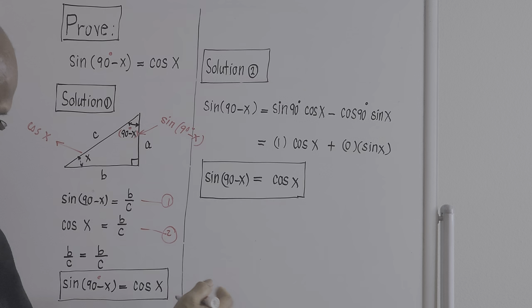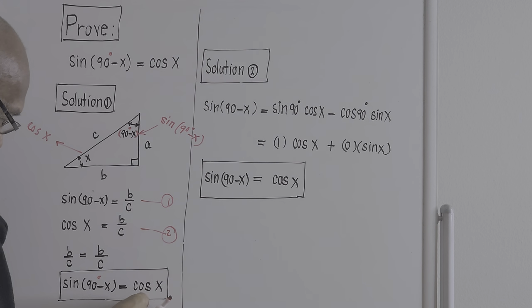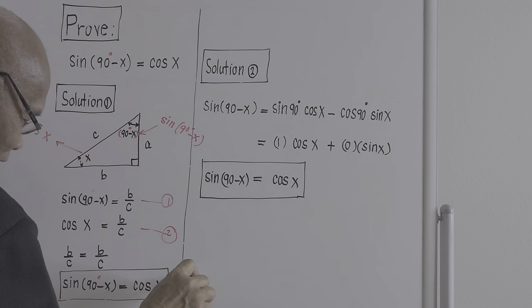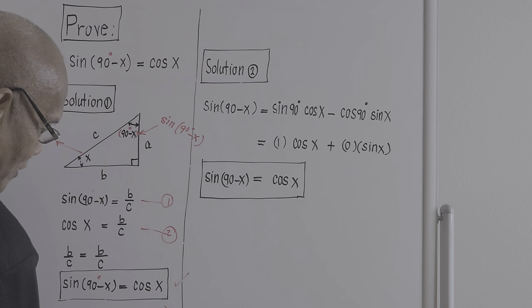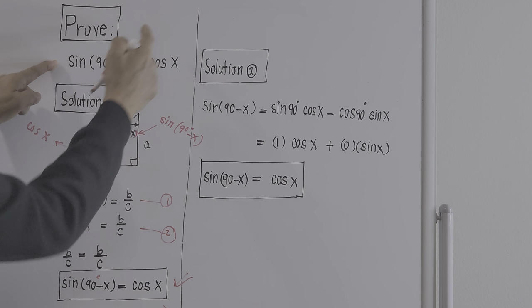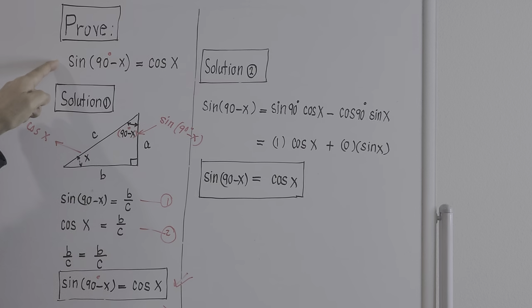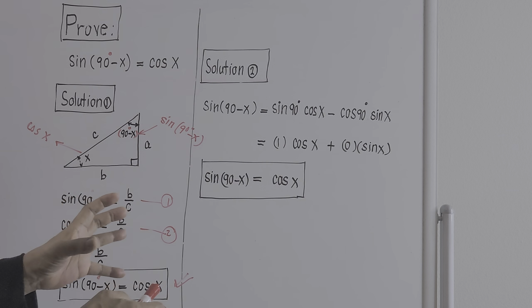So the right hand side will be cosine of x. We have proven that the sine of the quantity 90 degrees minus x is equal to cosine of angle x. It's true. That will be solution number 1, using the illustration of a right triangle in which the angles are complementary.